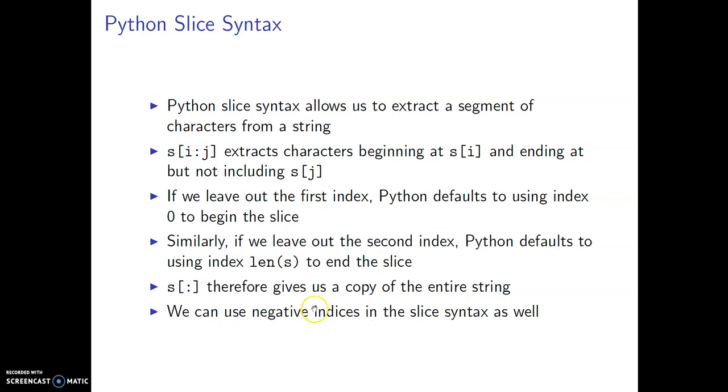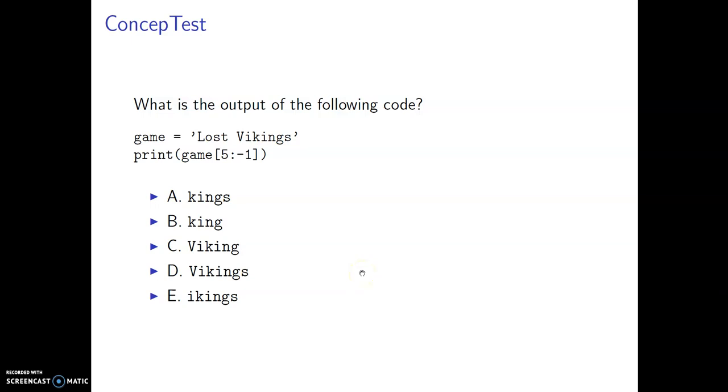You can also use negative indices when you're using this i and j slice notation. So let's try this out. If your character string is Lost Vikings, what would be extracted if we use this? So think 5. Let's count 1, 2, 3, 4, 5. It's going to start right after that.